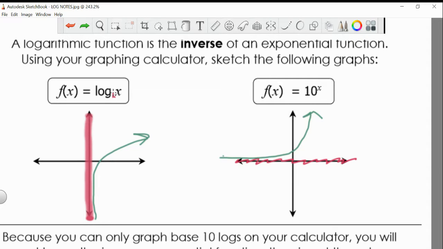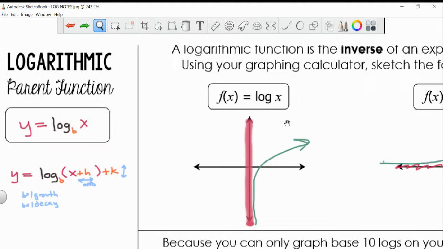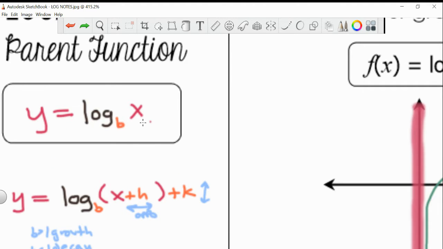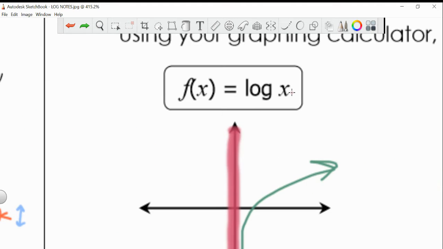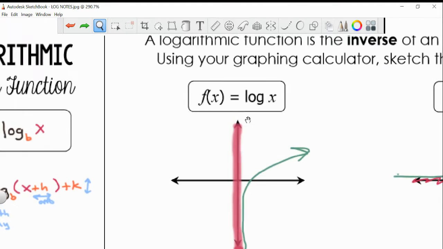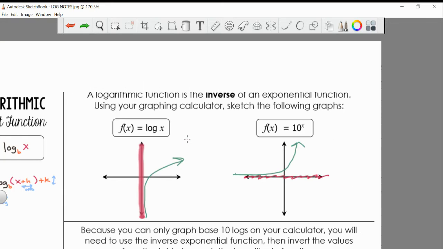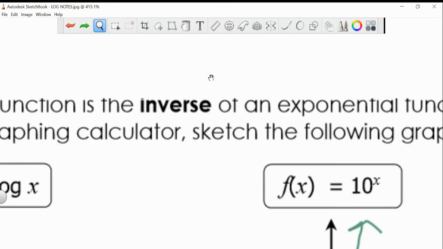Obviously, b is right here, but we need to talk about that. I told you that there'd be a small little b next to the log. And the way logs work is kind of the same way a square root works, right?